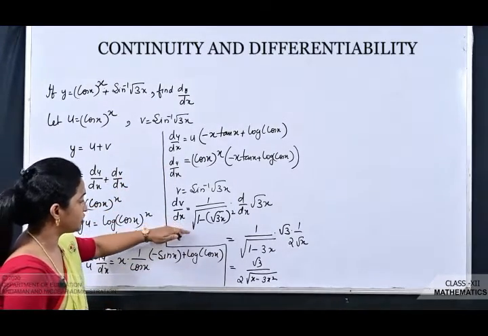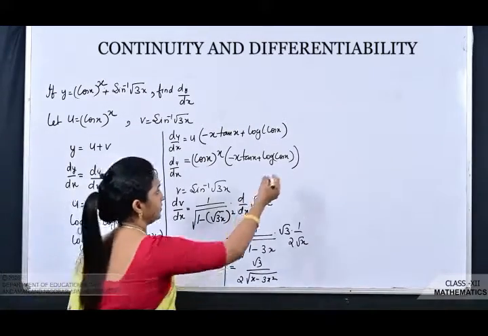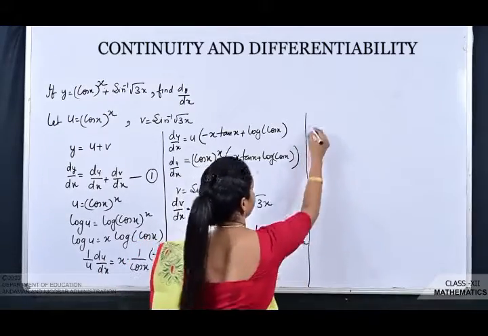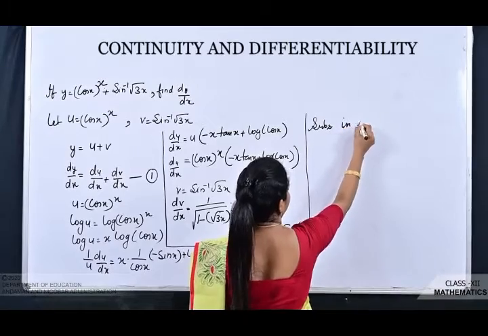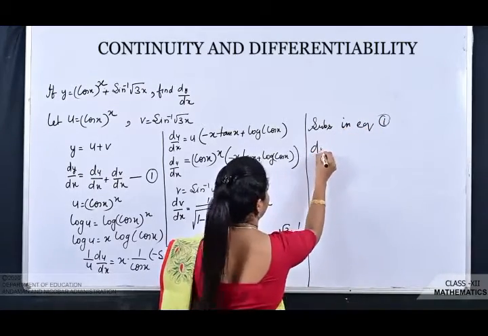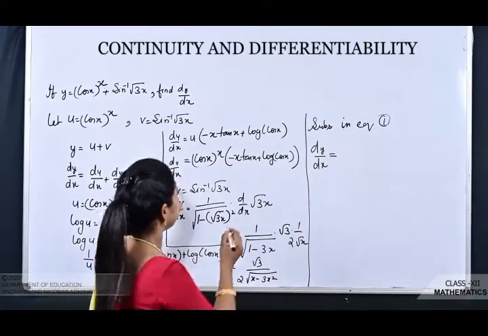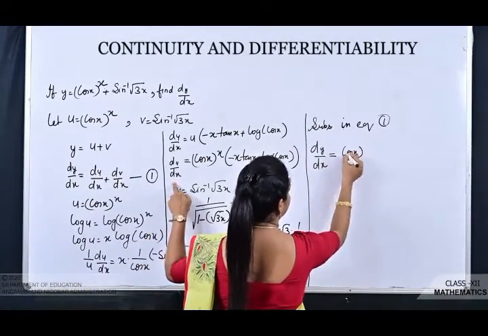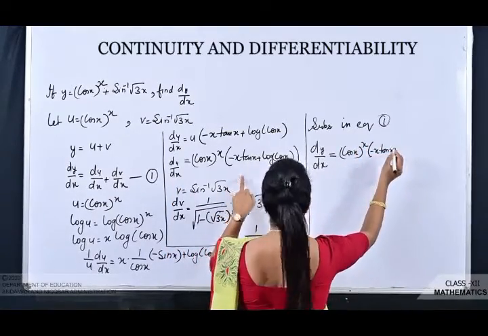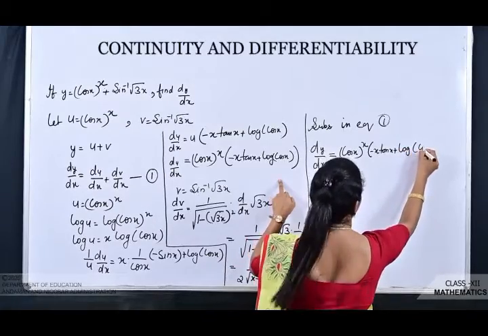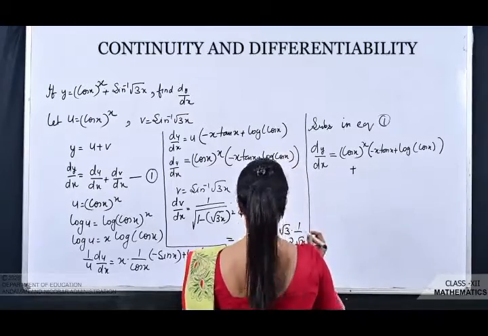What you will do? Substituting the values in equation number 1, we get dy by dx is equal to du by dx, cos x to the power x into minus x tan x plus log cos x, plus what is dv by dx?